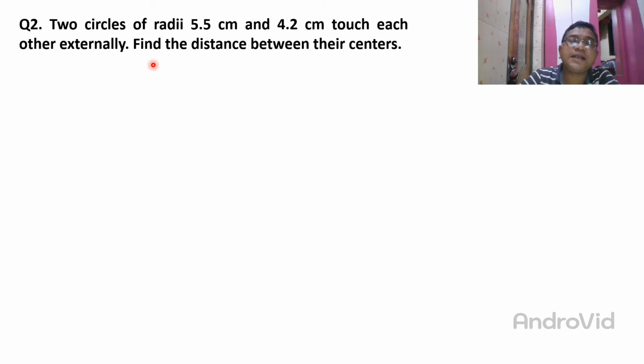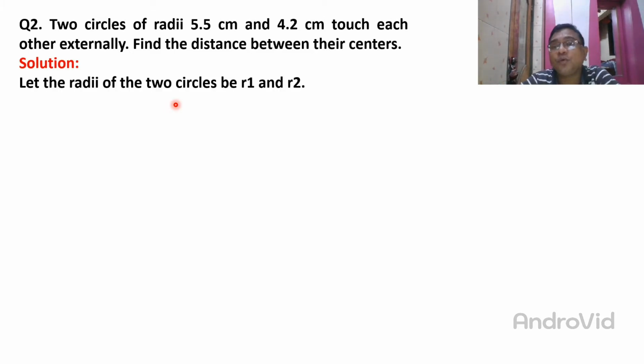They touch each other externally. Find the distance between their centers. When the circles touch externally, then we do addition of radius. If you want to find the distance between centers, then we do addition of radius. So let the radius of the two circles be considered.